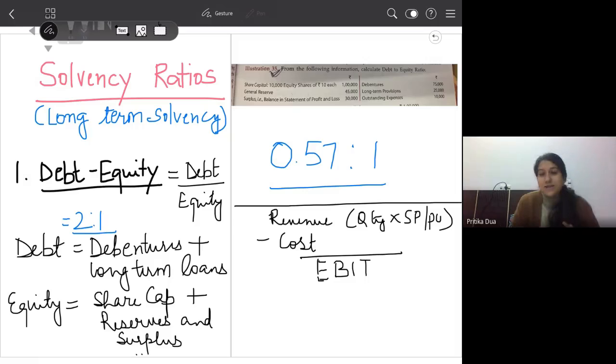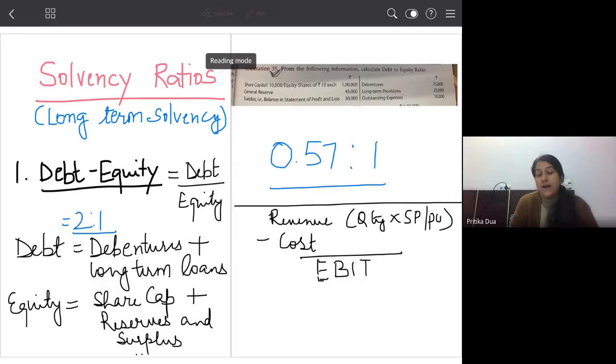Now on this earnings the firm has to pay taxes also, and if it has any debt, then on debt we pay interest.